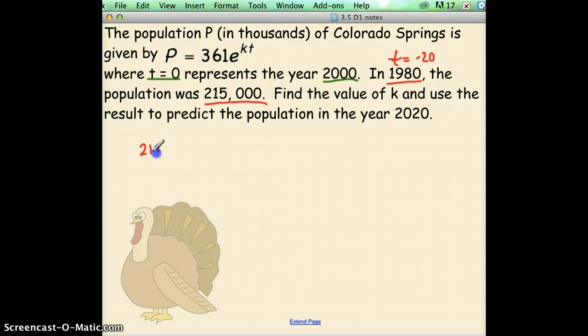Plug that stuff in. Oh, and I should say, forgot about this, the population p is in thousands. So we don't need to write 215,000, we can just write 215 because it says it's in thousands.